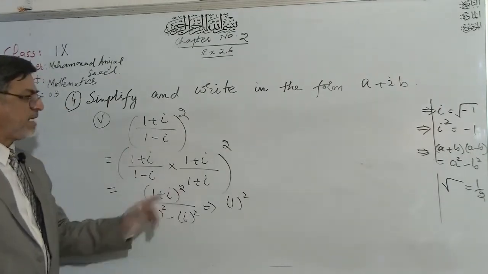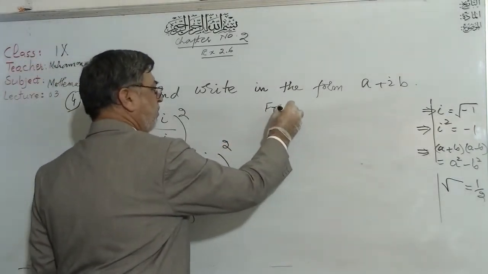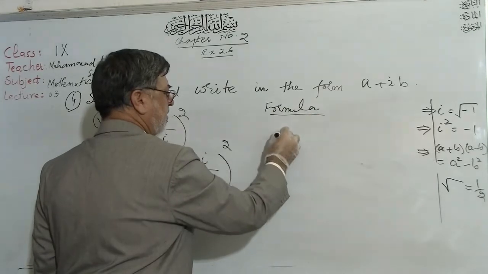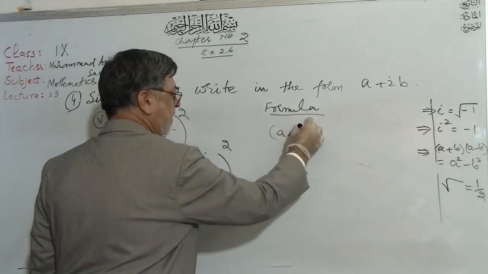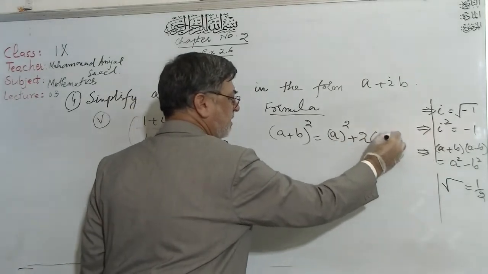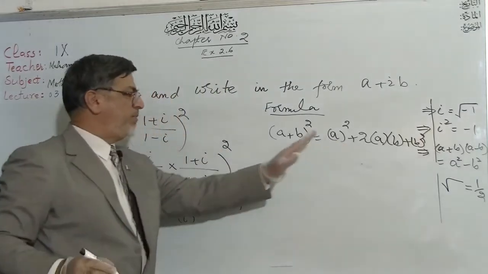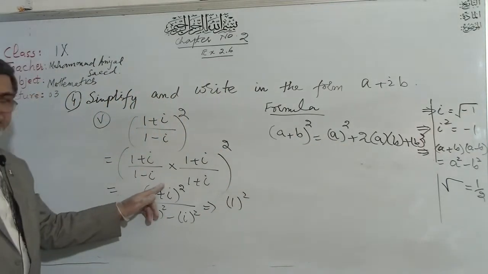Here we have the formula a plus b whole square, that is first square plus 2 into first into second plus second square. This is the formula which will be applied here in the numerator.